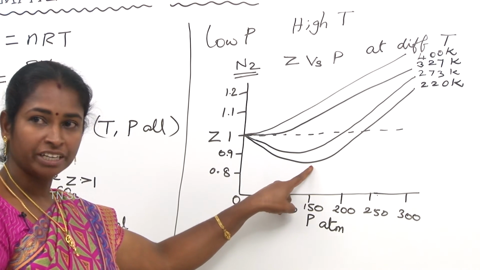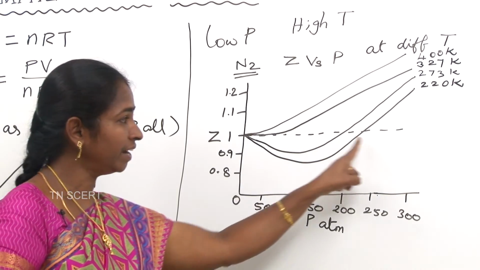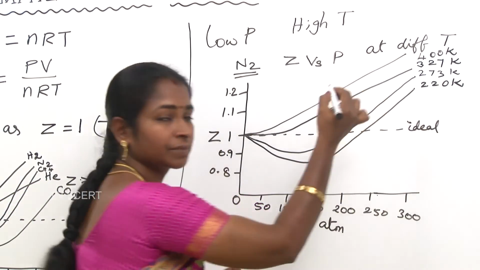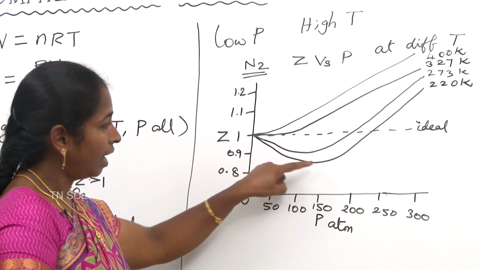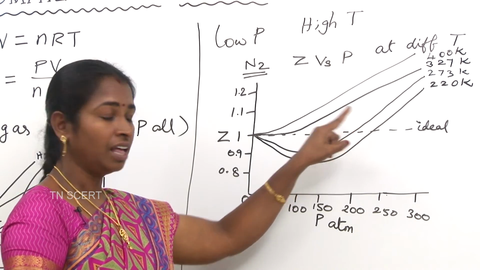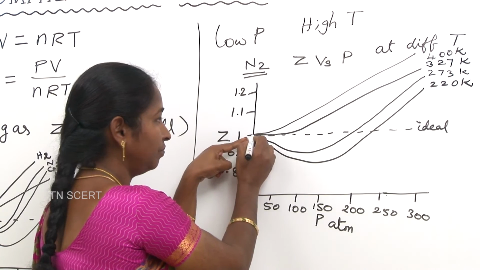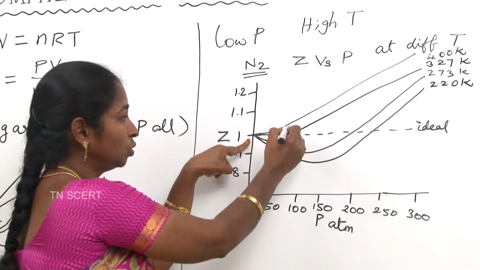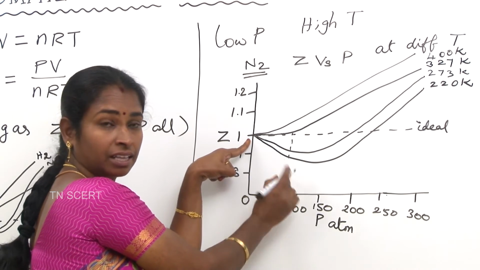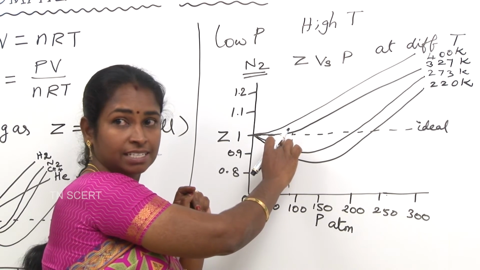See, at low temperature the gas shows maximum deviation from the ideal line. This is the line of ideal gas, is it not? So, at further high temperature it shows lesser deviation, and then at this temperature over a range of pressure, from 0 atmosphere to this much, in this range of pressure the gas obeys ideal gas laws, is it not?